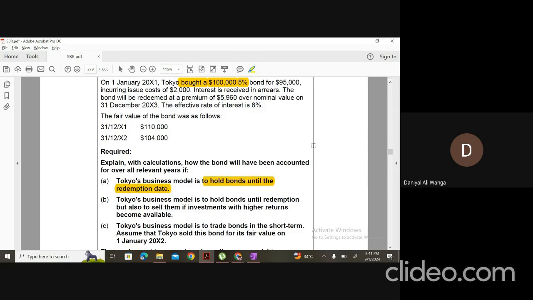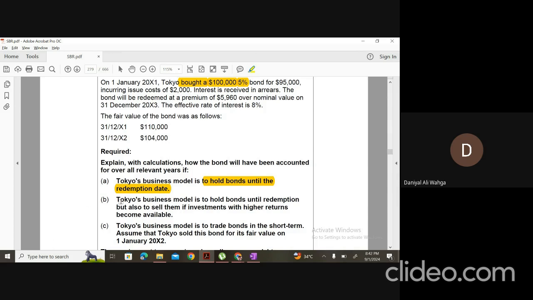What does this line mean? It means the intention of the investor is to hold the debt instrument till maturity. Redemption date means the date on which the amount of the bond will be repaid by the company to Tokyo.